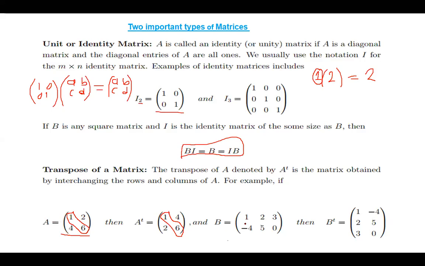Same applies to this. The leading diagonal is 1, this one here. Same applies to that. So in short, you just change all your columns into rows. So 1, negative 4, you see 1, negative 4 there. 2, 5, you see 2, 5 there. 3, 0, you see 3, 0. Like that. So these are the most important matrices that you should put in mind.